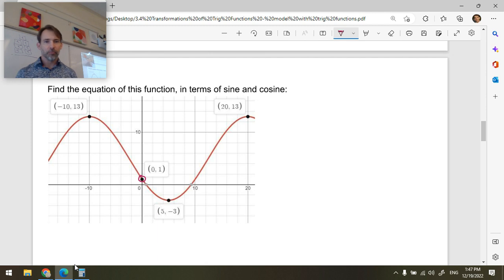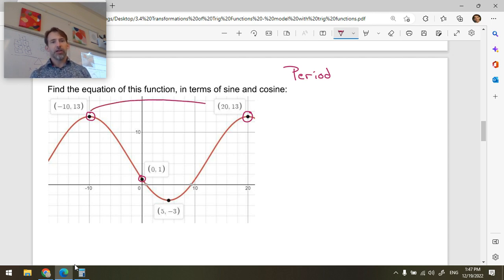Okay, let's go. First, how do I find the period? You look at it. Good answer. Where do you see it? From what points? The end is at 20 and it starts at minus 10.